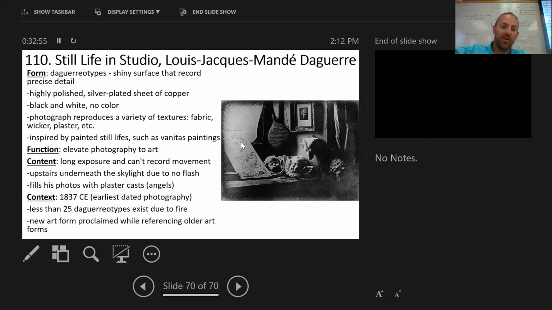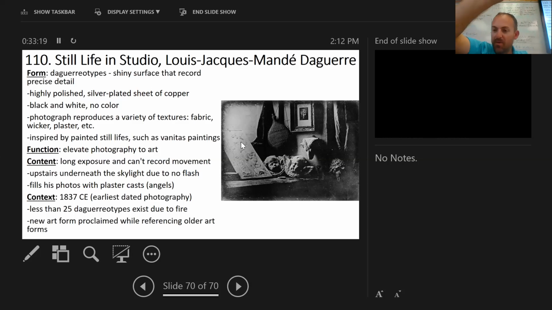Again, you have a long exposure. The problem with this is you can't record movement, so there's no movement involved here. However, you are creating accuracy. So in this particular piece, we're relying on a skylight above the studio coming in, providing that light.